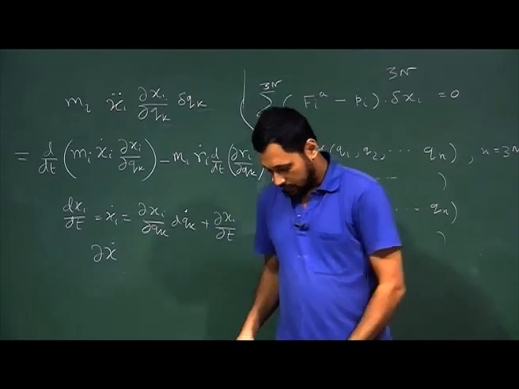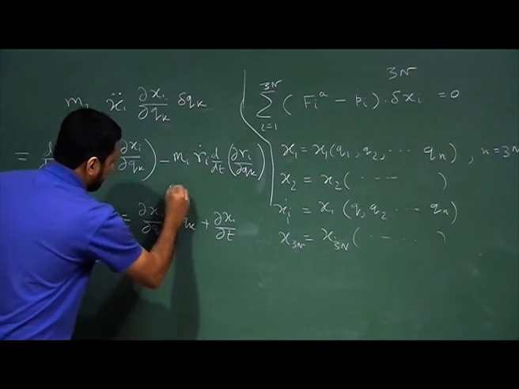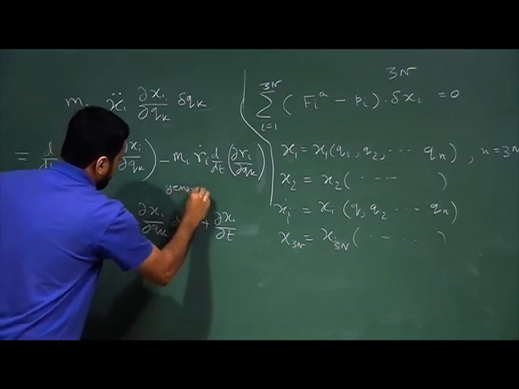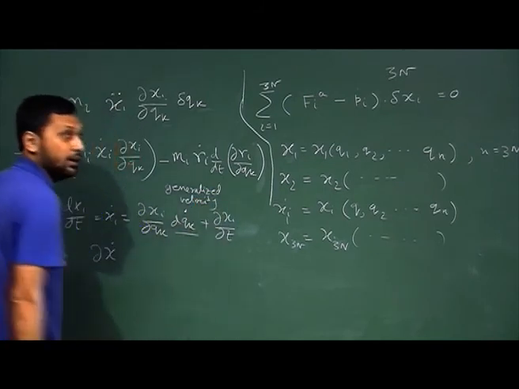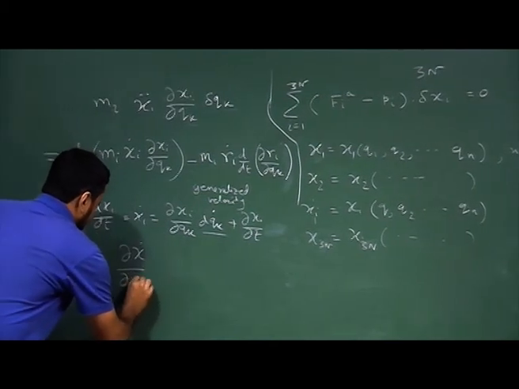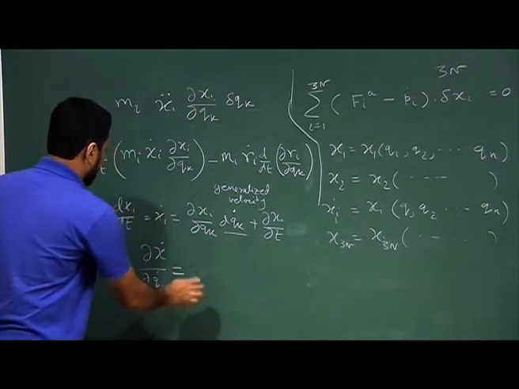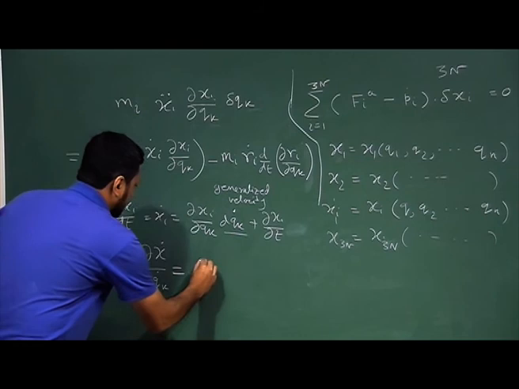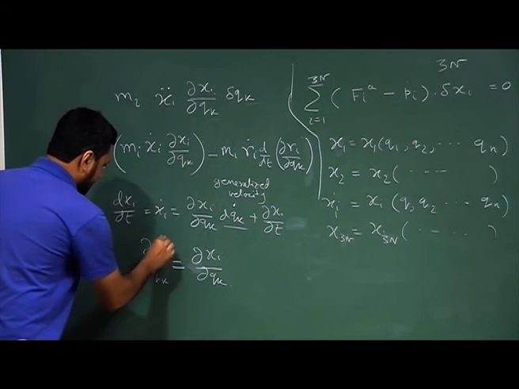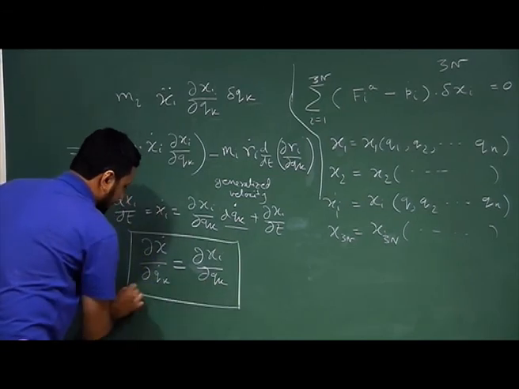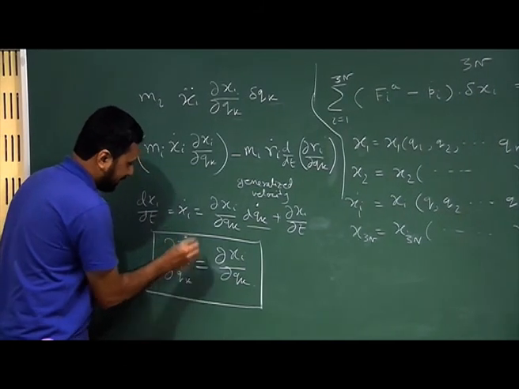Now, if I take the partial derivative with respect to a generalized velocity, what we gain is del xi dot del qk dot is equal to del xi del qk. This is an interesting result, keep this in mind. In short, you can call it the cancellation of dots.